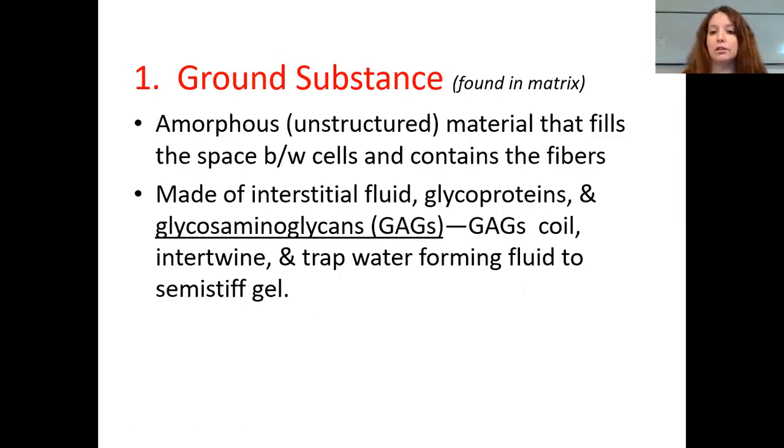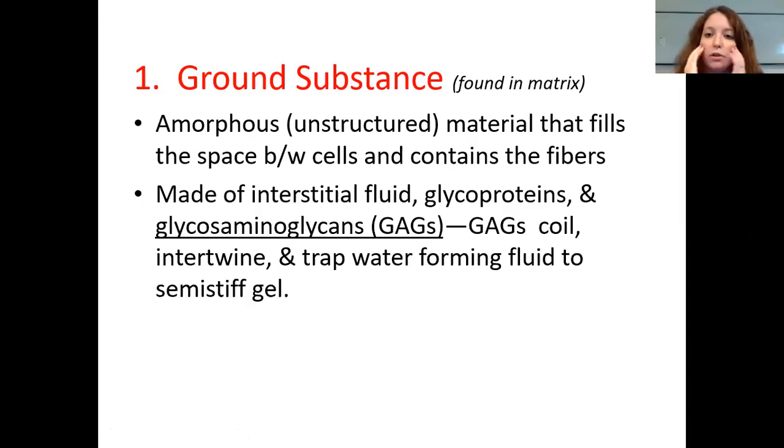Now, when you see pictures of cartilaginous tissue on slides, what you're going to see is something that's been fixed into place. So it looks like everything is solid, but it's not. For example, you'll see dried blood on a slide, but we know that blood is fluid. And the semi-stiff gel they are referring to is like the layer under your skin, the basal lamina and the collagen layer under there.